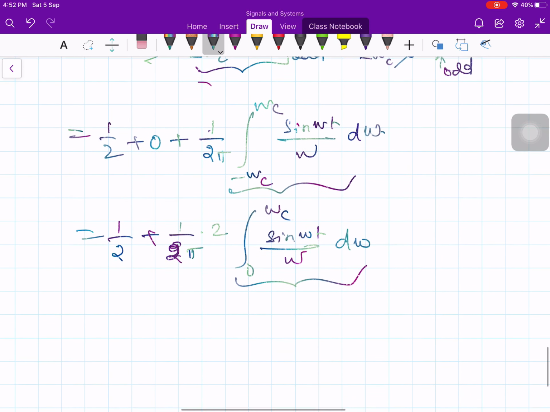Okay, this is something called the sine integral. Please recall this one. How do you denote the sine integral?